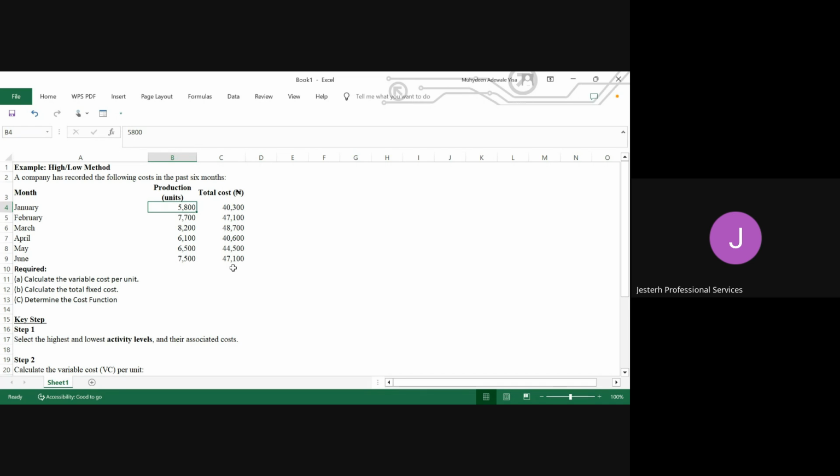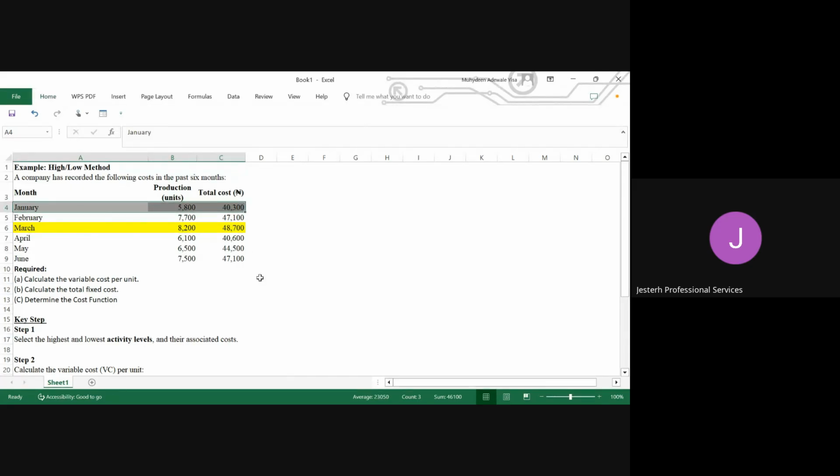Now, the first thing that will come to our mind is, from January to June, which one among them has the highest level of activities? And then which one among them has the lowest level of activities? If you look at it very well, we can see that March has the higher level of activities, while January has the lower level of activities.